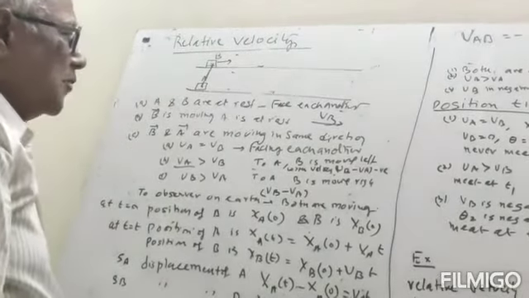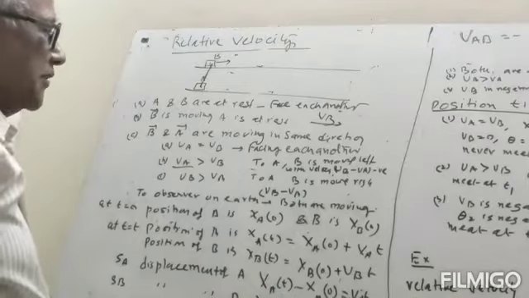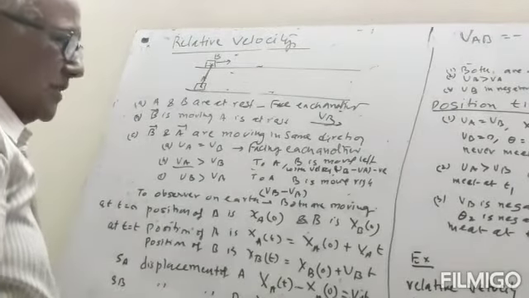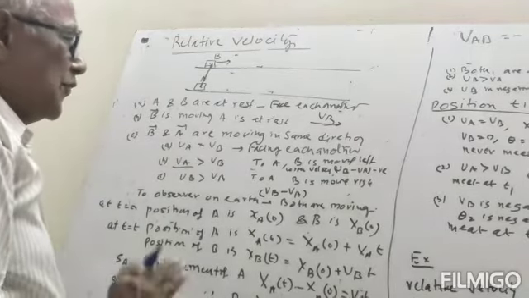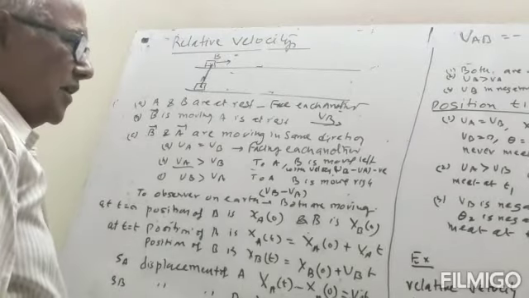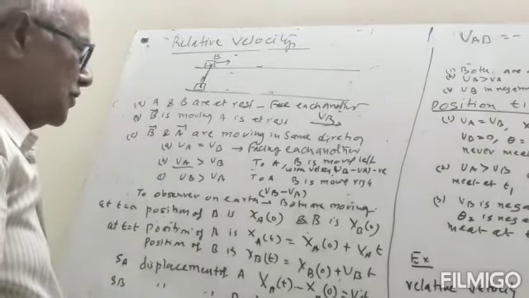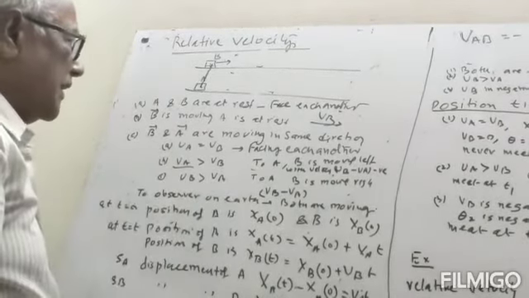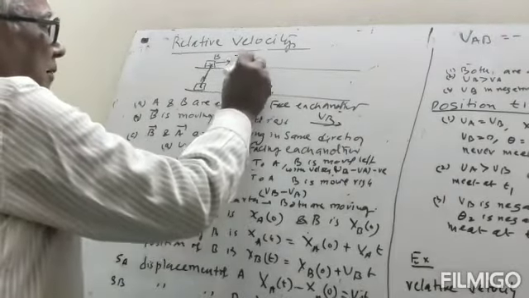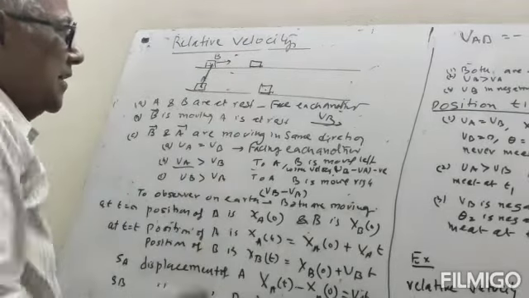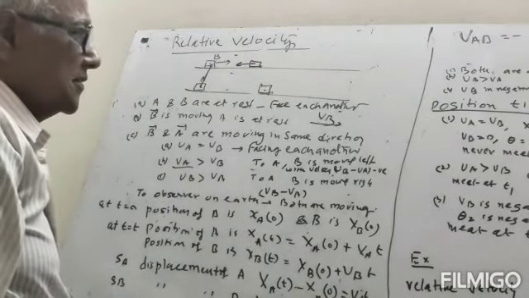When A and B are both in motion, number one case is when VA is equal to VB. So their velocity is the same. It means at any time they will be facing each other, because relative velocity is 0 and relative displacement is also 0. Next case, when VA is greater than VB, when VA reaches here, B will be left behind. So to A, it appears that B is moving in the backward direction.